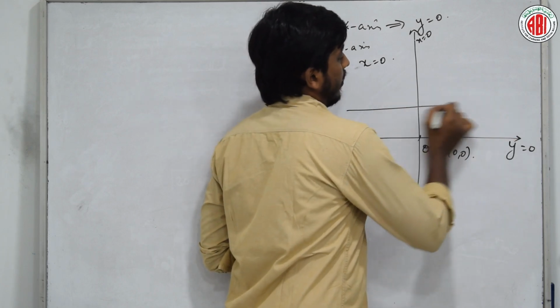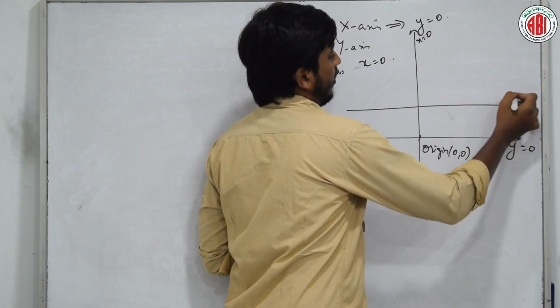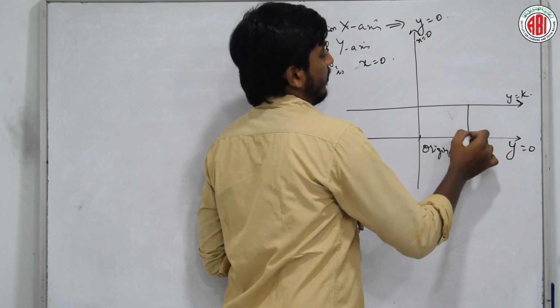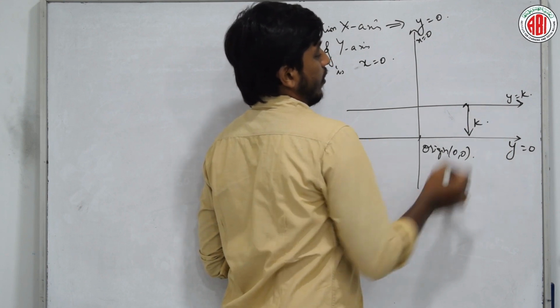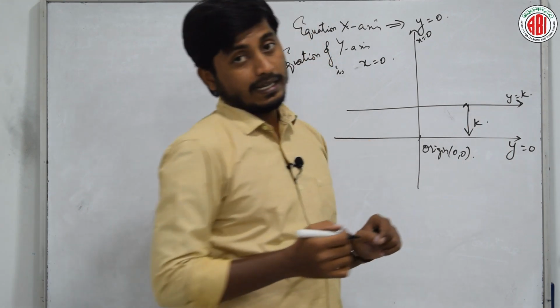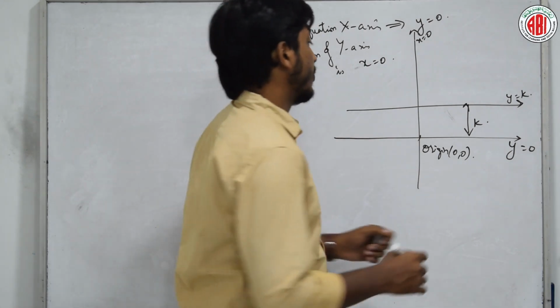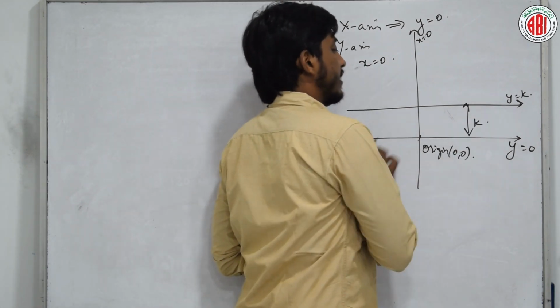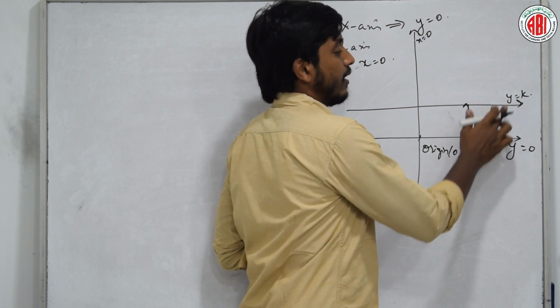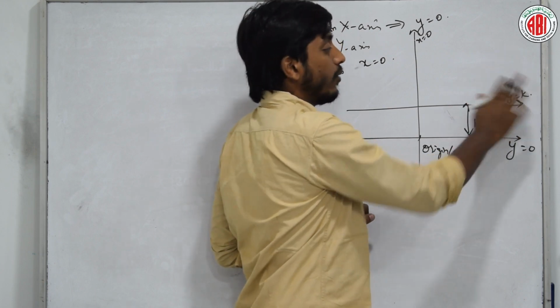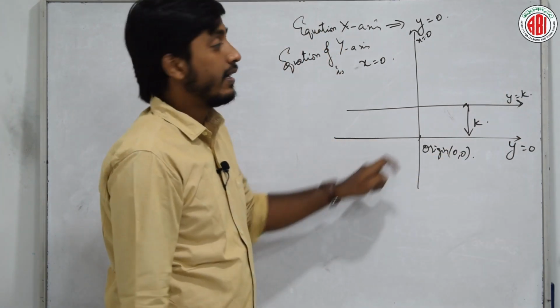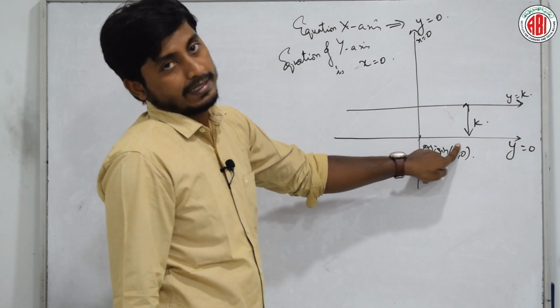That is some line y equal to some constant which is at a distance k. Which means any line which is parallel to the x axis will always be in the form of y equal to k, where k is the distance from the x axis.